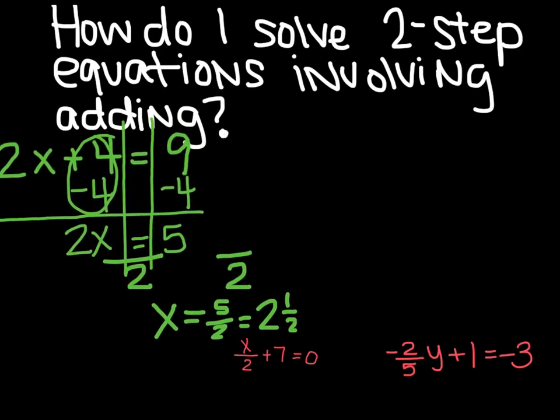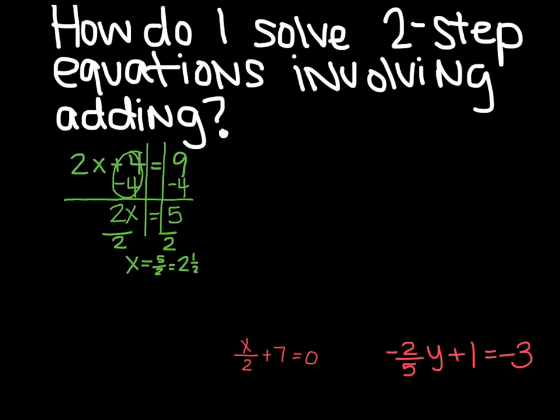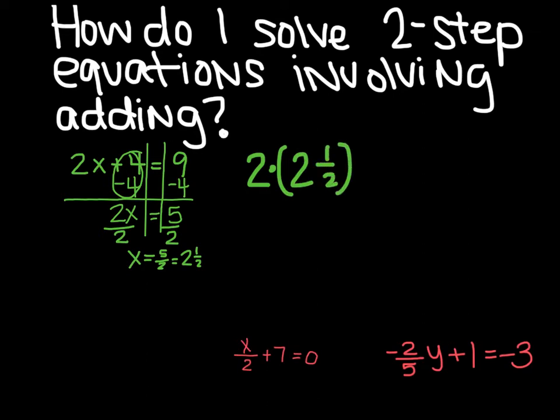And then you would want to check your answer, check your solution, just like always. So now I'm going to take 2 times my x, which is 2 1/2, plus 4 equals 9. Follow order of operations. 2 times 2 1/2.